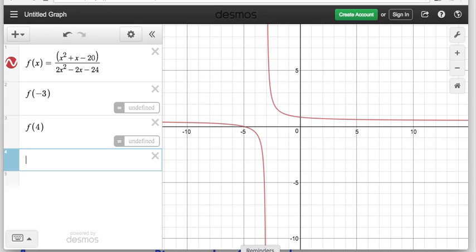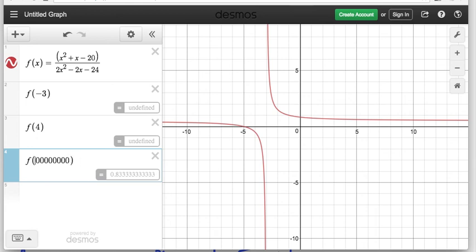So in other words, let's put in some gigantic numbers. If I put in f of 1, I get 3/4. F of 10, I would get 5.5 whatever. And if I were to put in a very, very large number, you can see that that number eventually gets really, really close to a positive 1/2.